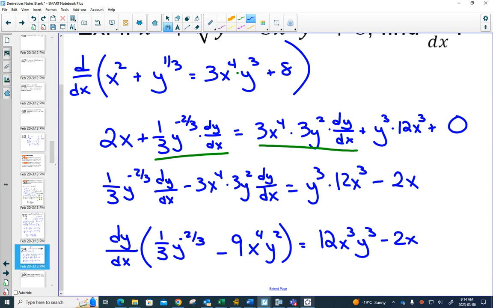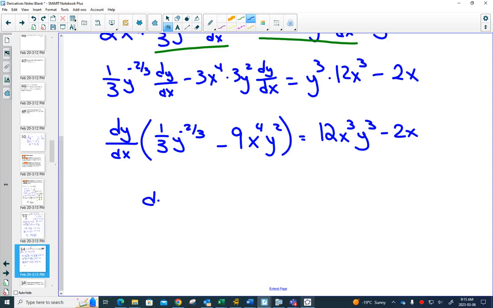If you left it as y cubed times 12x cubed, perfectly fine. I don't mind. If you want to write things properly, you put your coefficient, the number, out in front. You write your variables alphabetically. So you have to know your alphabet. X comes before Y, but not a big deal. And finally, we can get dy dx by itself.